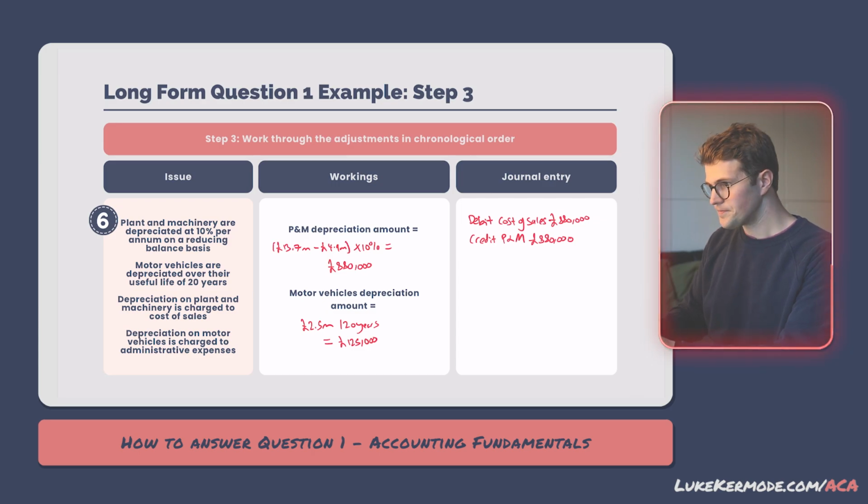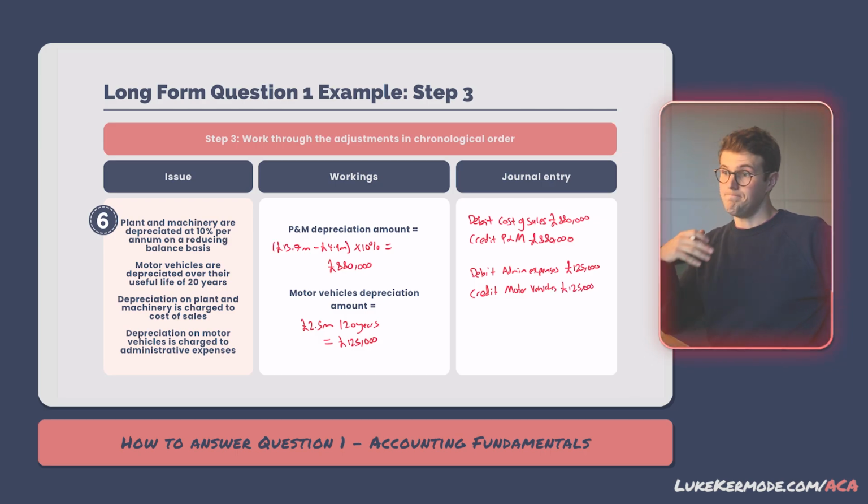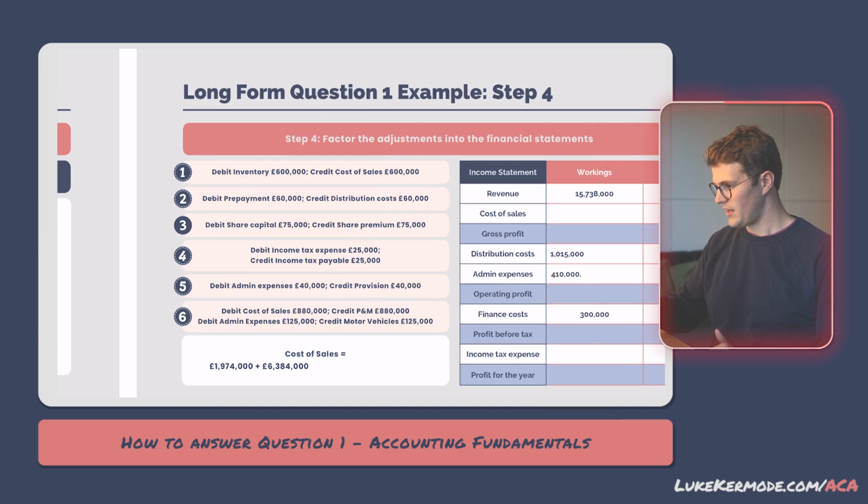For the motor vehicles, we debit administrative expenses by 125,000, and we credit motor vehicles again by £125,000. This ensures we capture the wear and tear of the company's assets over time and match their usage to the periods that they benefit.